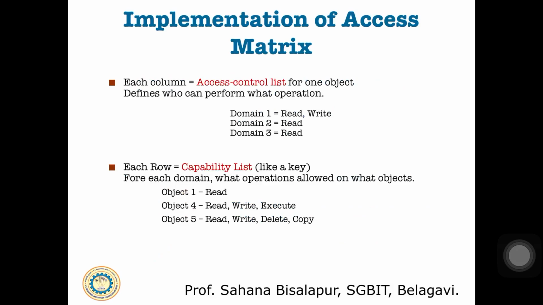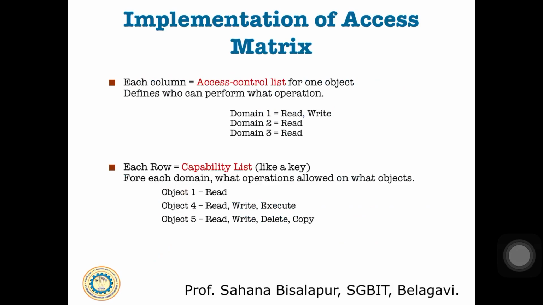So a process which is executing in a domain can access any object only if that domain has a key. If you want to access object file 123, then that file 123 will be locked. You have to have that key to open that lock, only then are you supposed to use that particular file, otherwise you are not supposed to use it.